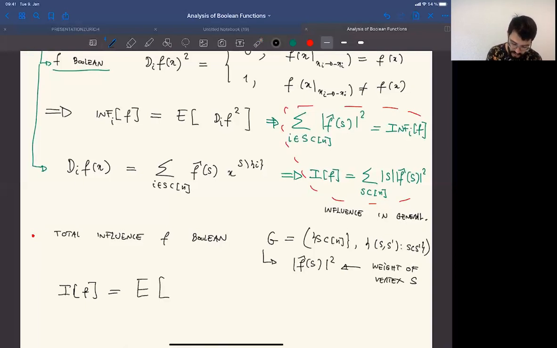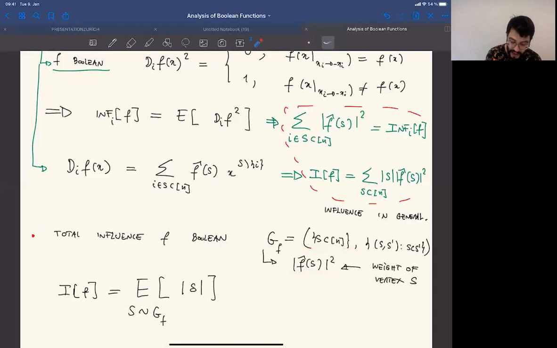So this would be the expectation of the modulus of S when S is distributed on this graph. Let me write it as G of f, the graph with this weight.